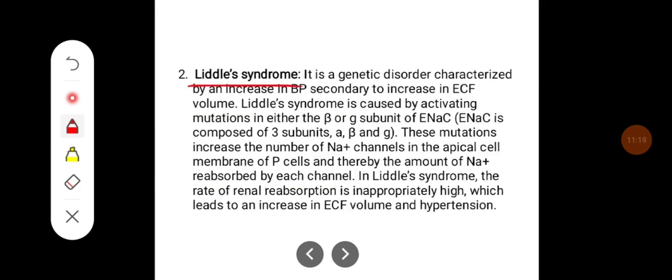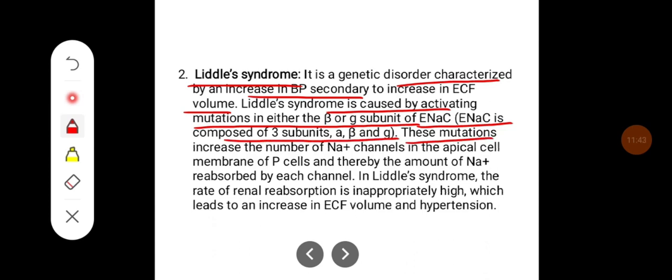Liddle syndrome is a genetic disorder characterized by an increase in blood pressure secondary to increase in ECF volume. Liddle syndrome is caused by activating mutations in either the beta or gamma subunit of epithelial sodium channel, which is composed of 3 subunits, that is alpha, beta, and gamma.